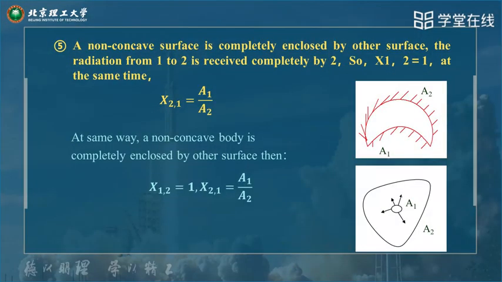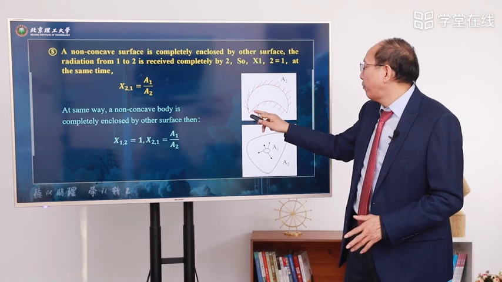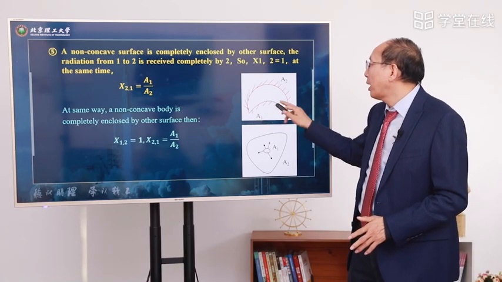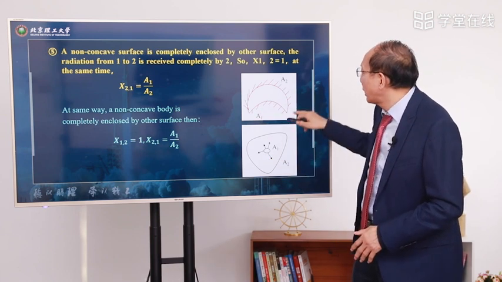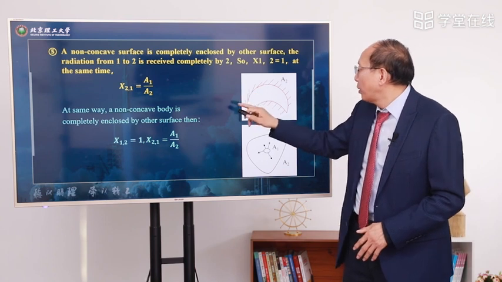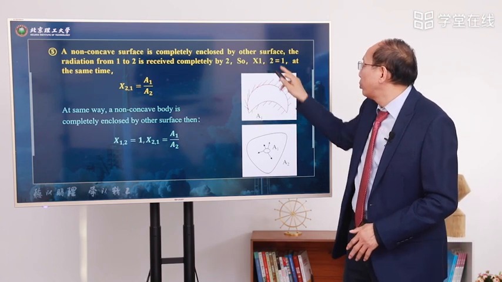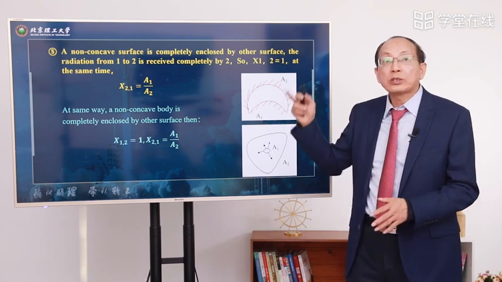Five. A non-concave surface is completely enclosed by another surface. The radiation from 1 to 2 is received completely by 2. So x1 to 2 equals 1. At the same time, if A1 is non-concave and enclosed by another surface, then from 1 to 2, x1 to 2 is 100%, just 1.